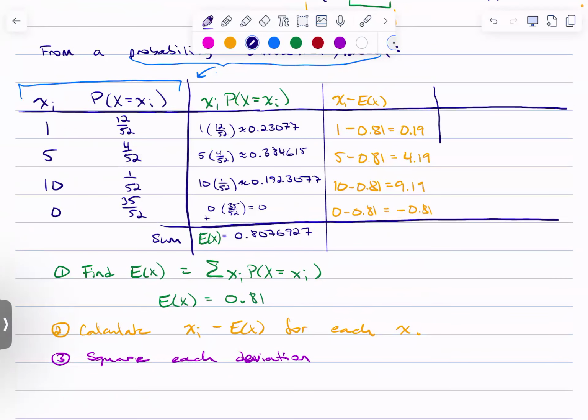So here, got a ways to go, so I need to scooch it over.